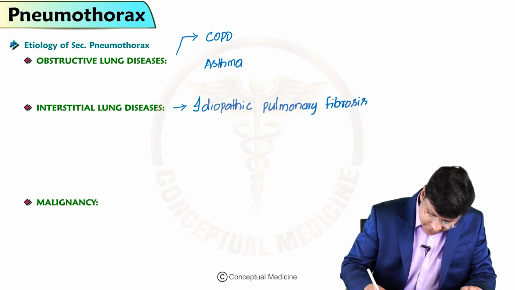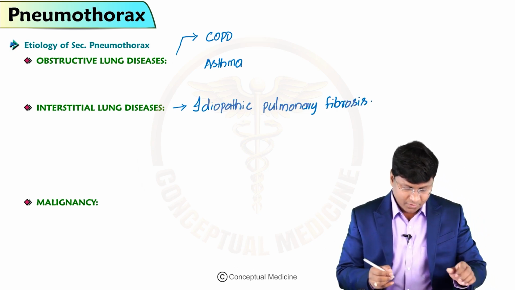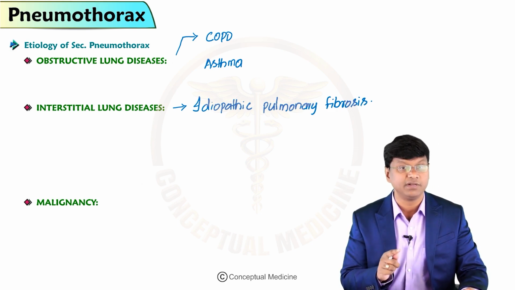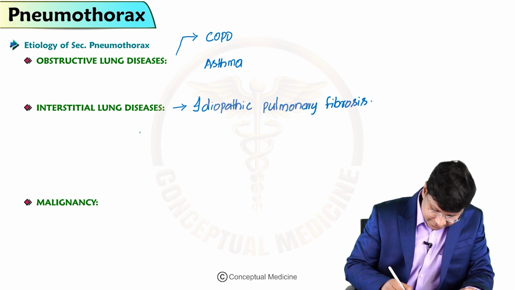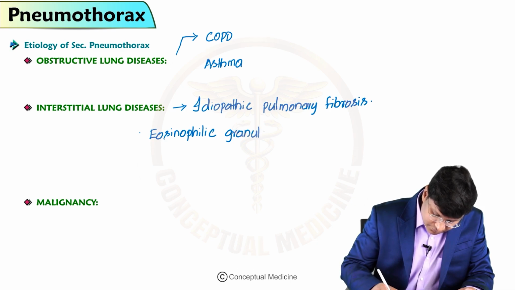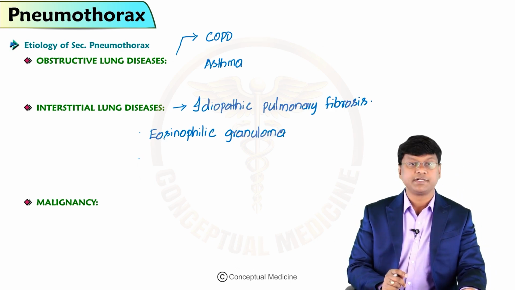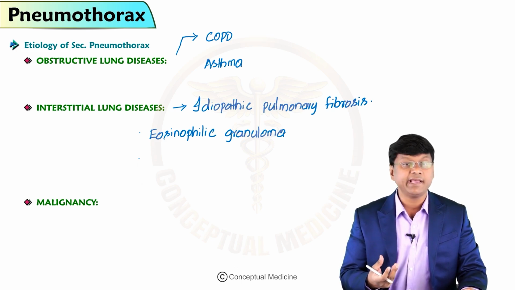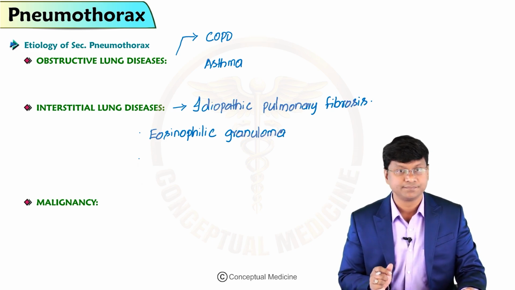And the next important interstitial lung disease which will cause secondary spontaneous pneumothorax is eosinophilic granuloma. Now, what is this particular eosinophilic granuloma? Eosinophilic granuloma is a form of Langerhans cell histiocytosis.